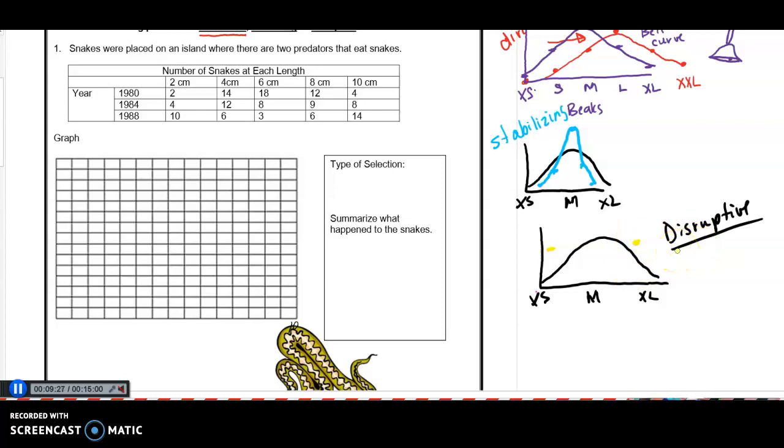They're doing really well because there are seeds that are really small that the extra small beaked birds can get, and then there are seeds that are really big that the big beaked birds can get. And so the extra small and the extra large beaked birds do not have to compete anymore. The medium ones are trying to compete with both, but are not doing a very good job.